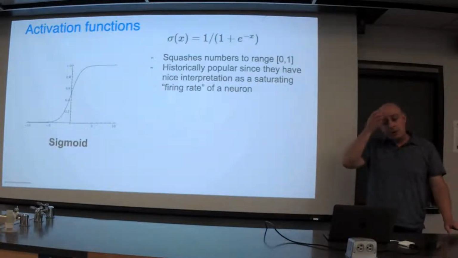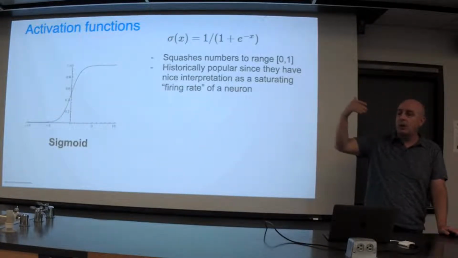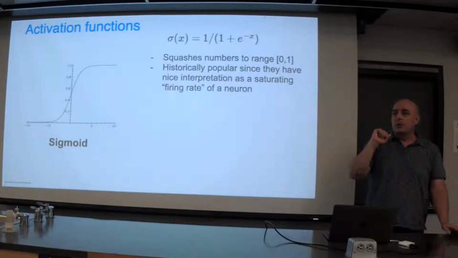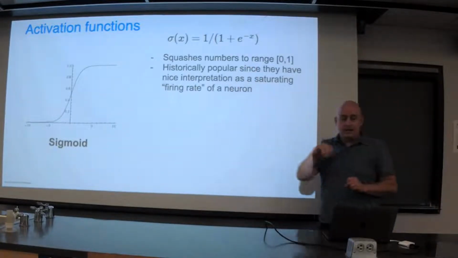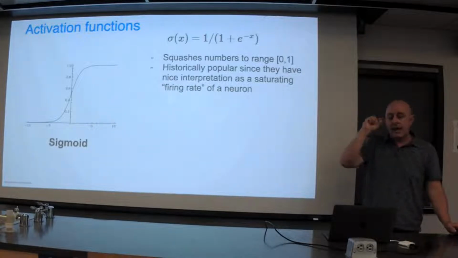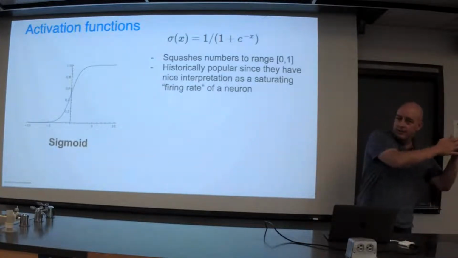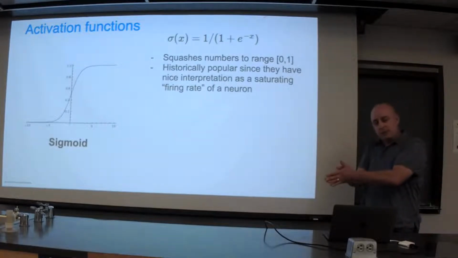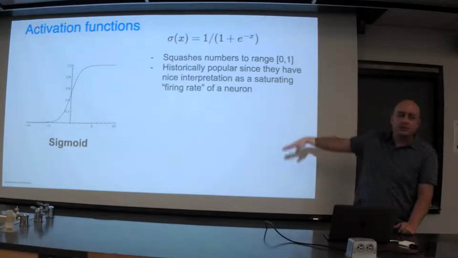And remember, we are often applying these activation functions in an entry-wise way. This sigmoid might be applied to each of the outputs from your previous layer, right? So this is a linear layer, taking from n inputs to n outputs. Then you'd apply this to each of the n outputs individually.